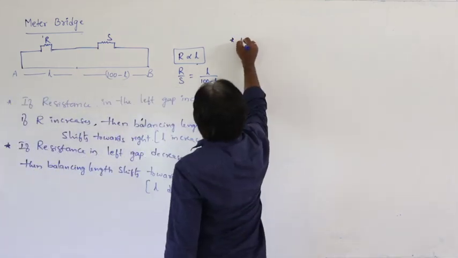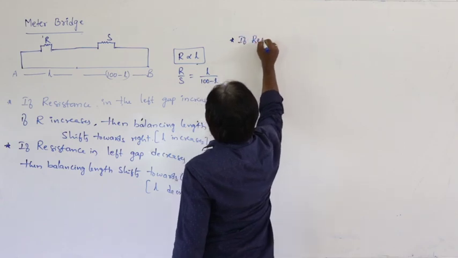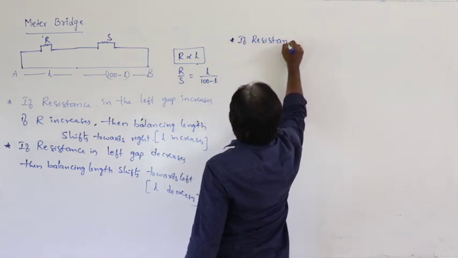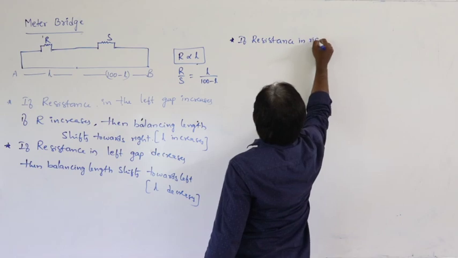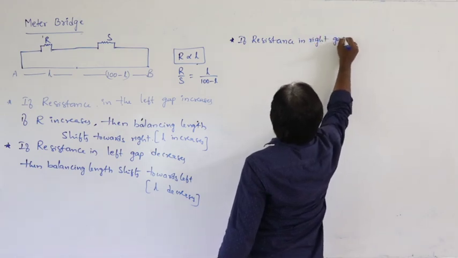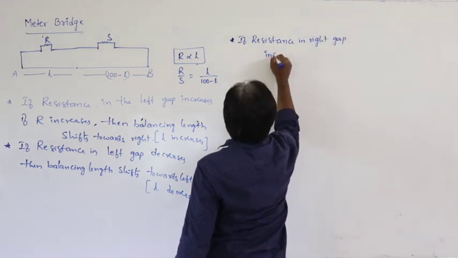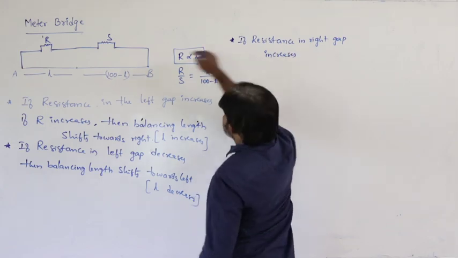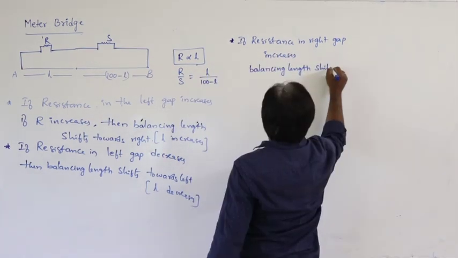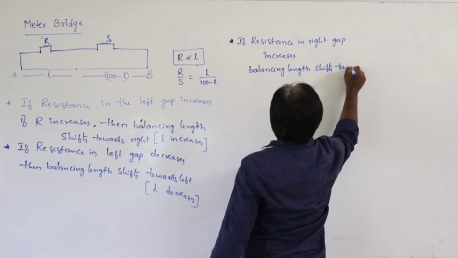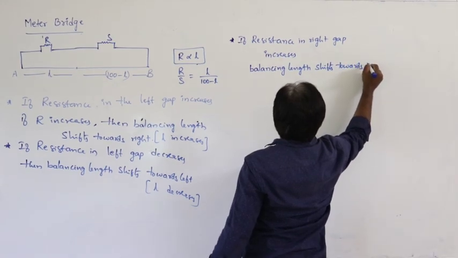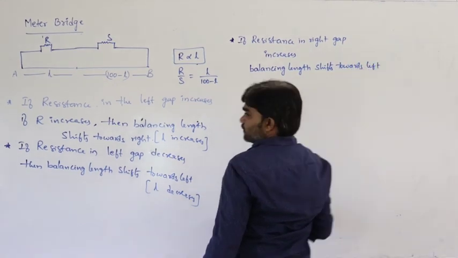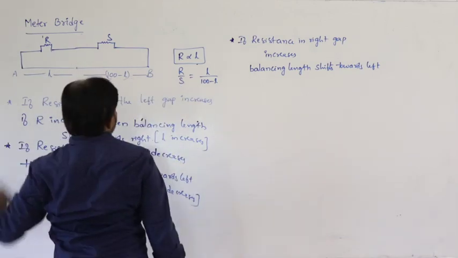If resistance in the right gap increases, balancing length shifts towards left.